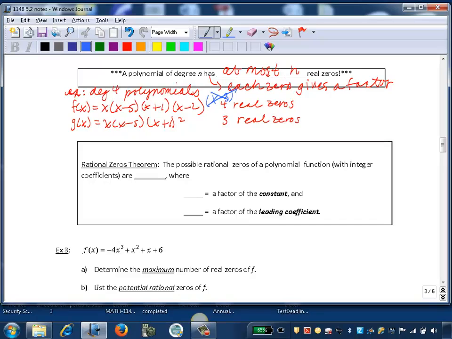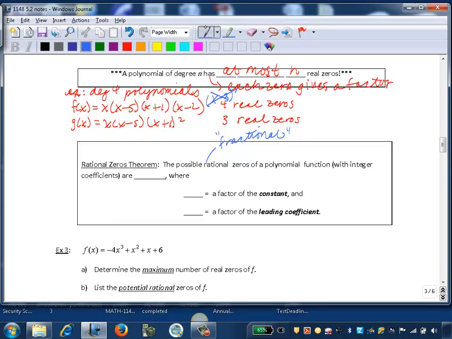Another useful theorem is the rational zeros theorem. Okay, so let's first remember rational. When you hear rational, you want to think rational, fractional. They sort of rhyme. So this theorem is going to give us all the possible rational zeros. So that would include positive and negative whole numbers, so it will include integers and fractions.